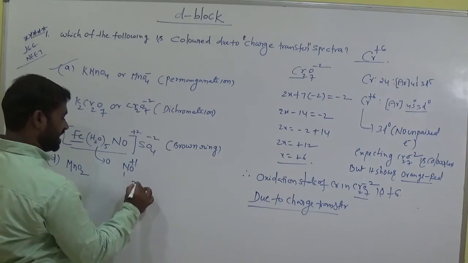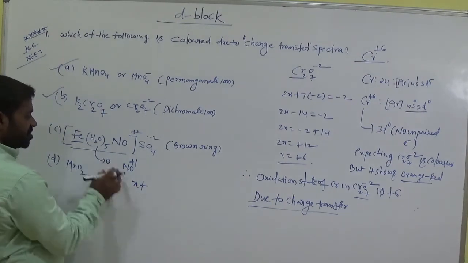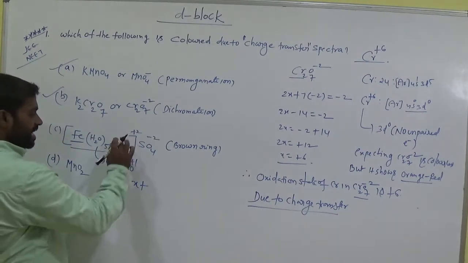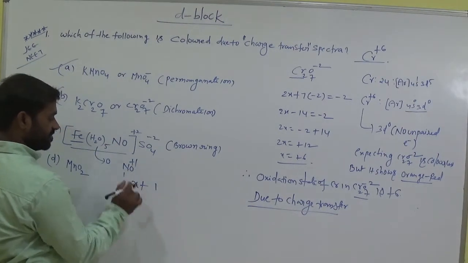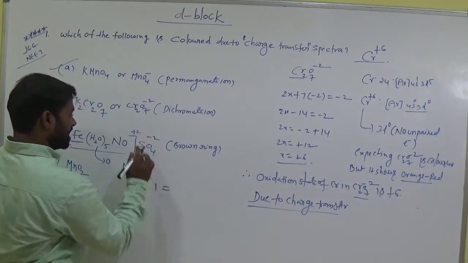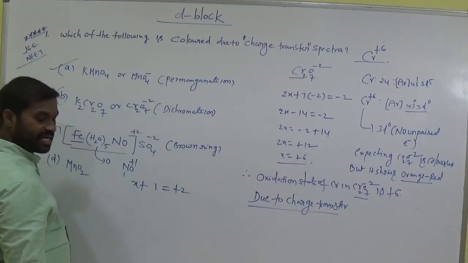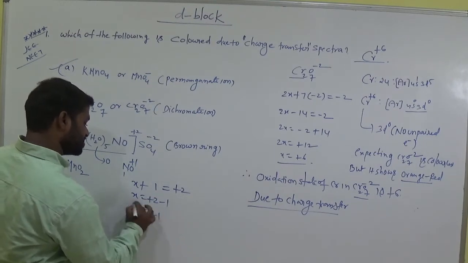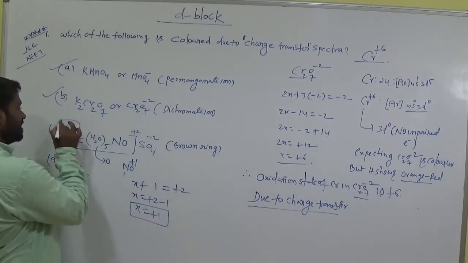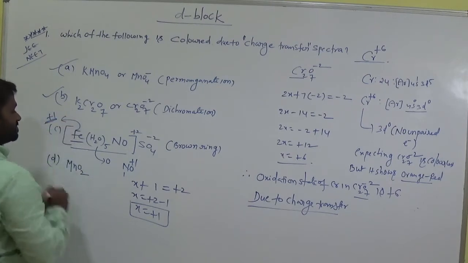We have only one, taken as X. For H2O, it is 0, no need to take. NO is +1, and we have only one, so taken as +1. That equals the charge, which is +2. Clear? So X equals +2 minus 1. X equals how much? +1. That means here iron exhibits +1.